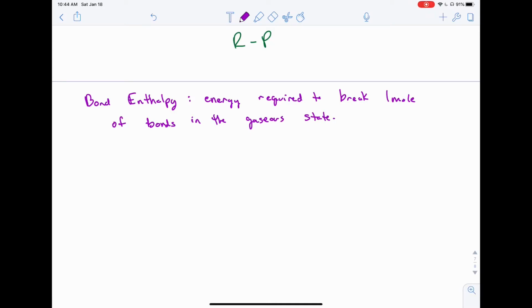So how much energy does it take to break 1 mole of bonds in its gaseous state? These values themselves are really only effective when all the substances are what? In a gas, right? Because once you get liquids and solids, you've got other variables that you're not factoring in. So this usually works best only when everything's a gas, okay?